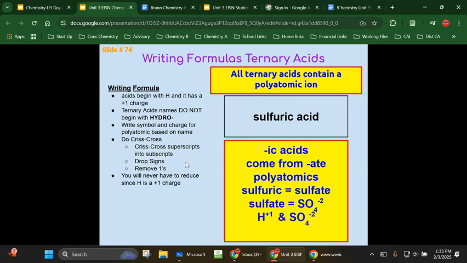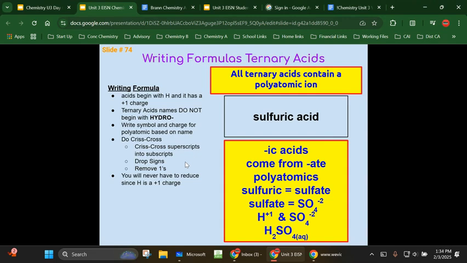Hydrogen. By the way, whatever charge is up here is still the number that's going to be by the hydrogen. And because hydrogen is a 1, we're never going to put anything in parentheses, ladies and gentlemen. There's no reason to. The only thing we're ever going to put down by the nonmetal is a 1. No reason to change it ever. H2SO4 aqueous.